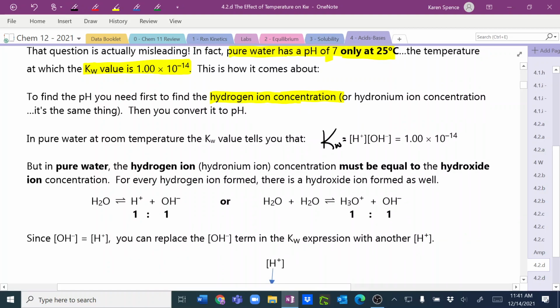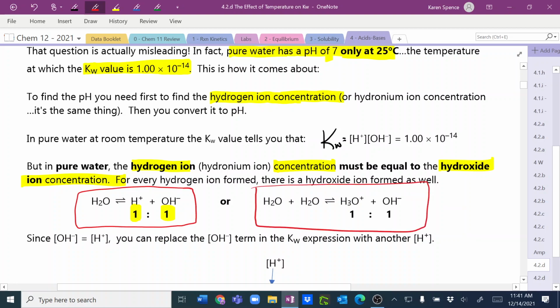In pure water, because it's neutral, hydrogen concentration has to equal hydroxide concentration, right? Because it is a 1-to-1 relationship. And it doesn't matter whether we write the shorthand version or the realistic version. It's still a 1-to-1 relationship between hydrogen and hydroxide, or hydronium and hydroxide.